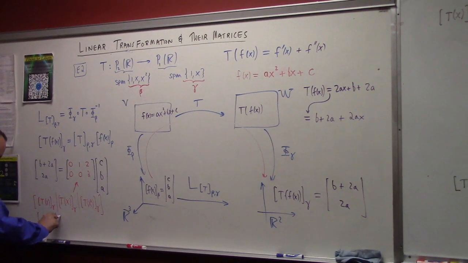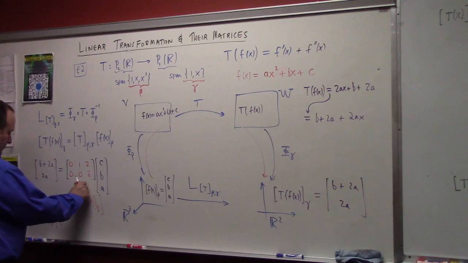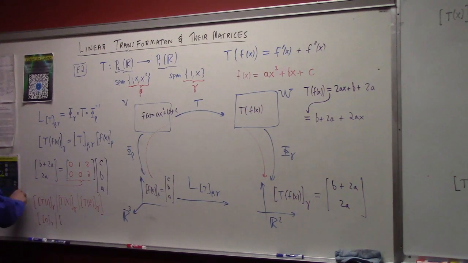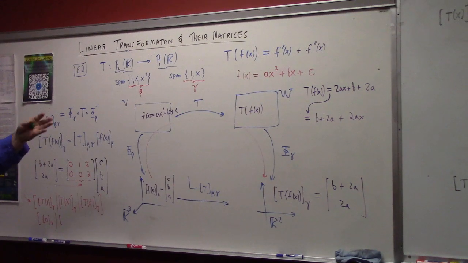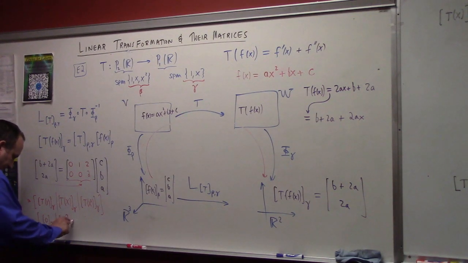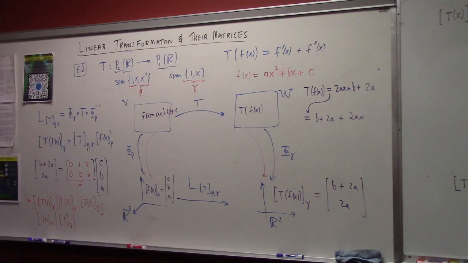What would be T of x? We differentiate once, second derivative 0, first derivative 1, you got a 1 here. Double derivative, when you feed it to the formula for T, you just get 2, right?